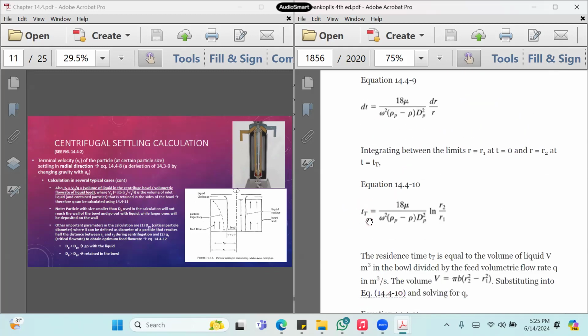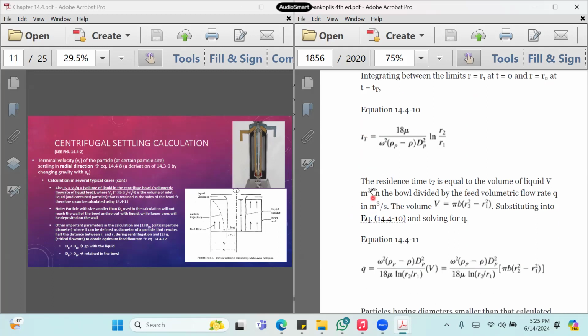Now, using this TT, we can actually calculate the volumetric flow rate of the centrifuge feed. Why? Because TT can be defined as VB per Q, or the volume of liquid in the centrifuge bowl divided by the volumetric flow rate of liquid feed. So we can calculate Q using TT and VB. What is VB?